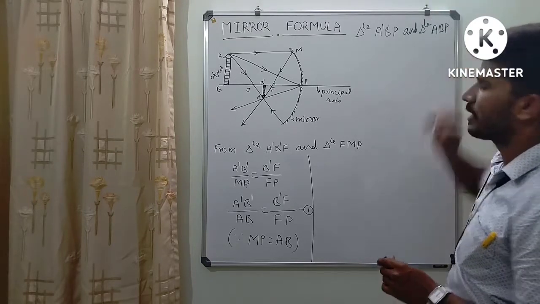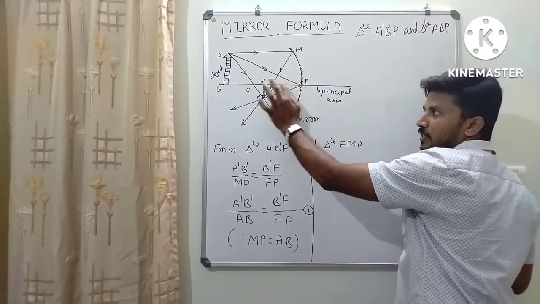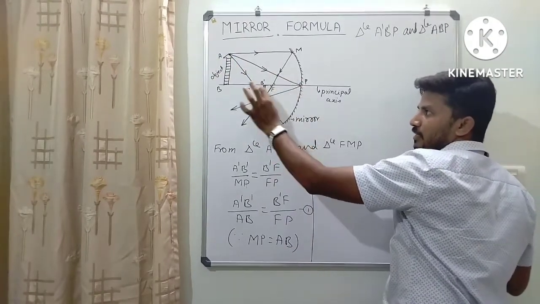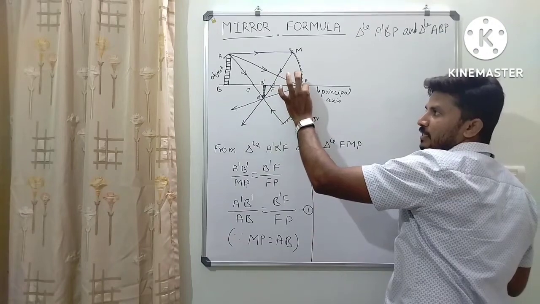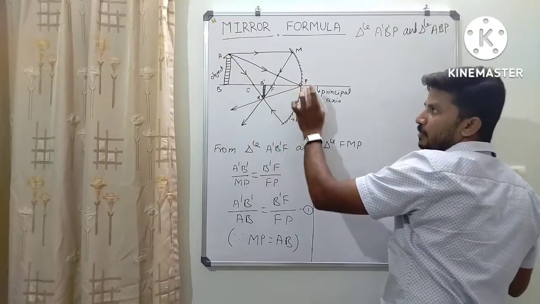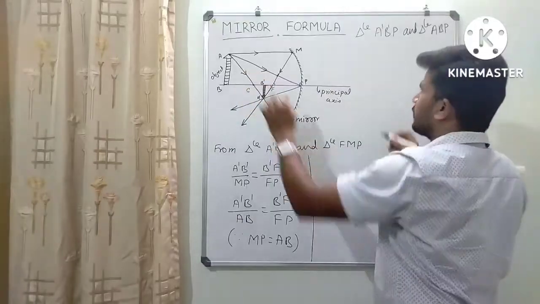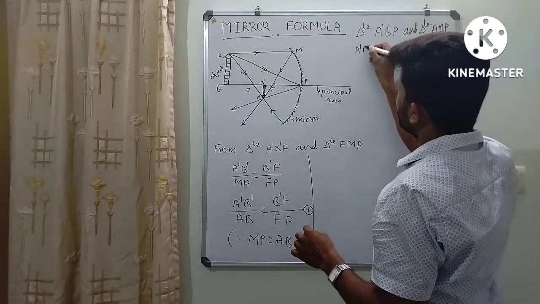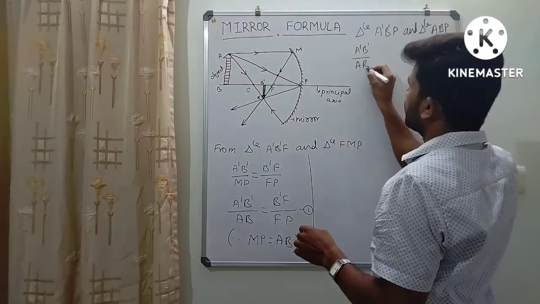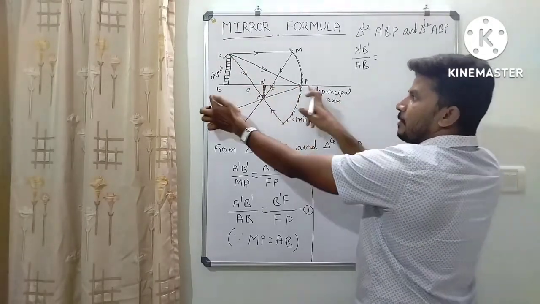This is the triangle made by A dash B dash, that is the image, and the triangle made by AB with P. In the same way, can I write A dash B dash, the height of the image, divided by AB, the height of the object, is equal to B dash P divided by BP?